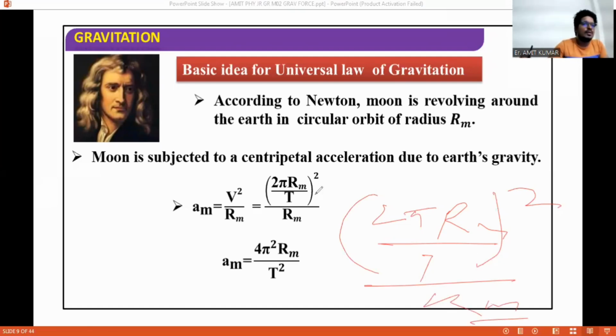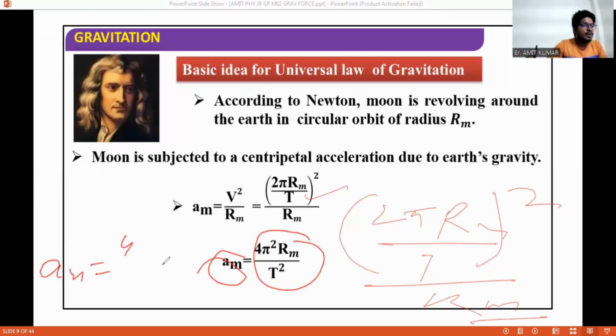From here, what is AM? AM is 4 pi square RM divided by T square. You should know this relation. Any doubt up to here?